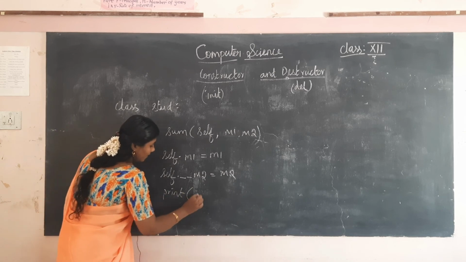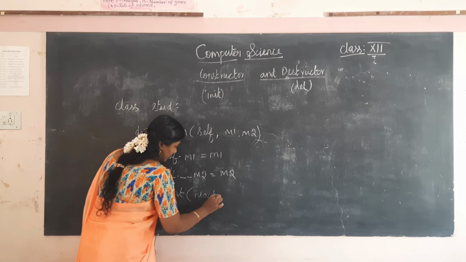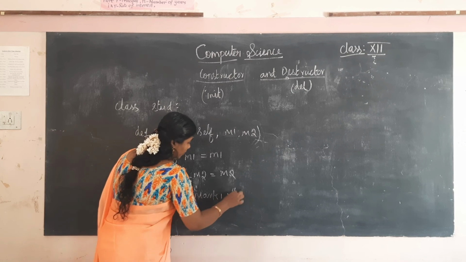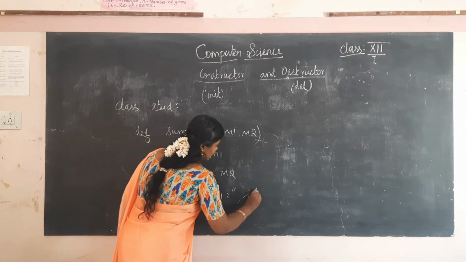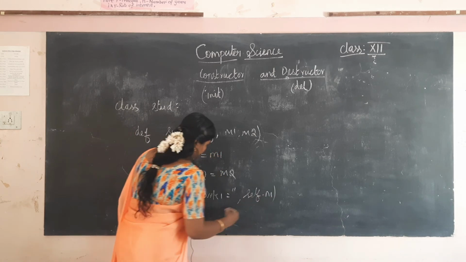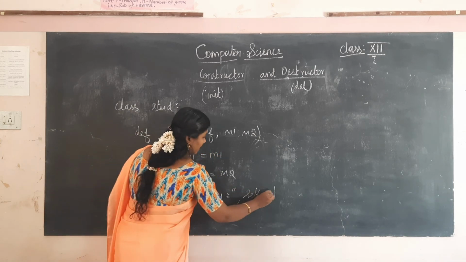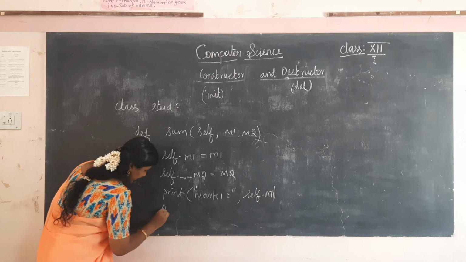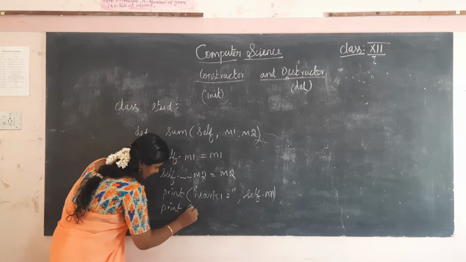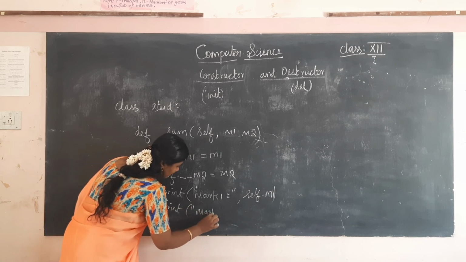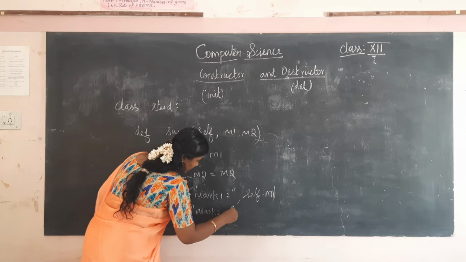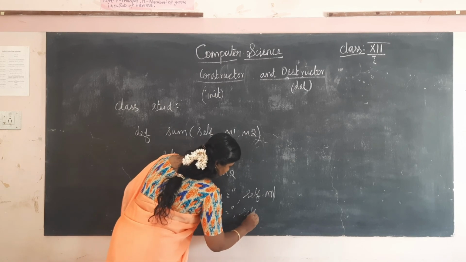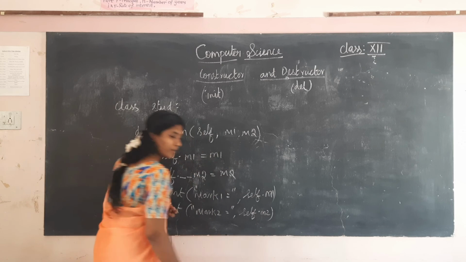Print mark 1 equal to, comma, self dot m1, and print mark 2 equal to self dot m2.